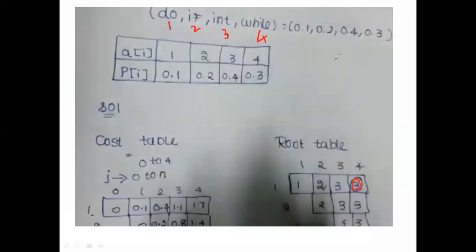So integer is the root node. Next, for integer, if is the left side and while is the right side.